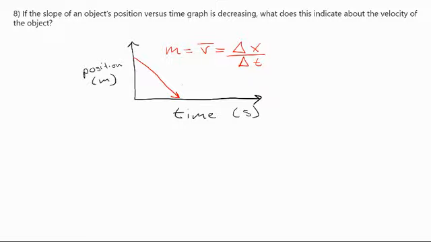And so in this particular case, my velocity is negative, right? Because that's a negative slope. So what does a negative velocity mean?